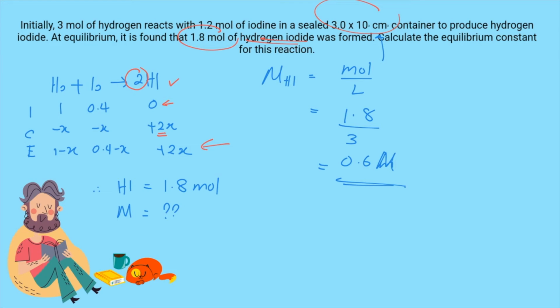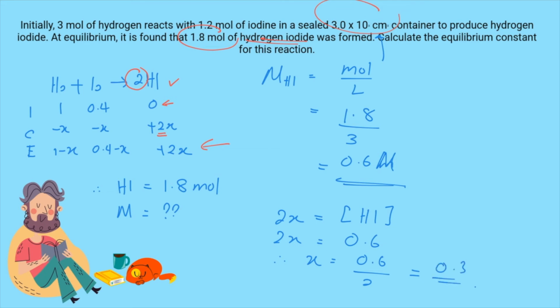So from here, you know that 2x is the concentration of HI. So 2x is actually equivalent to 0.6. Therefore, you know that your x is equivalent to 0.6 divided by 2. So you get x is actually equivalent to 0.3.